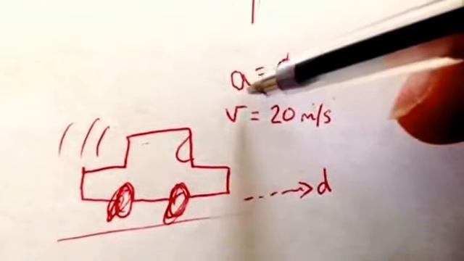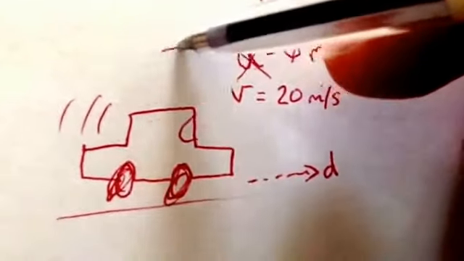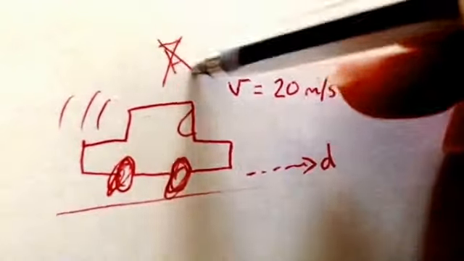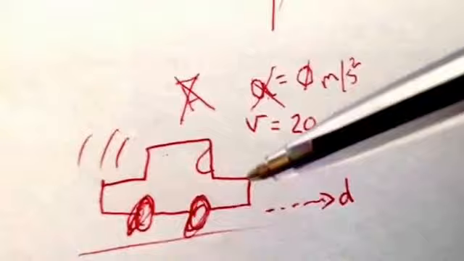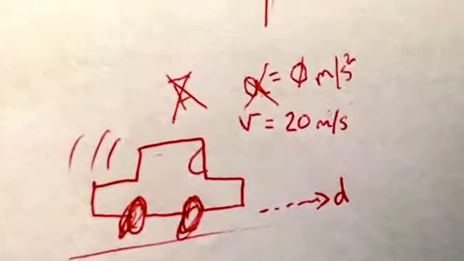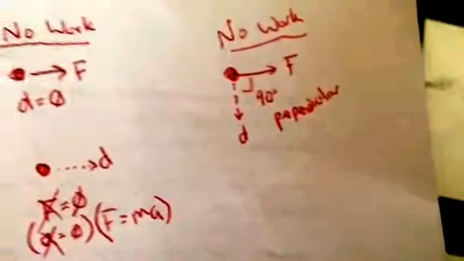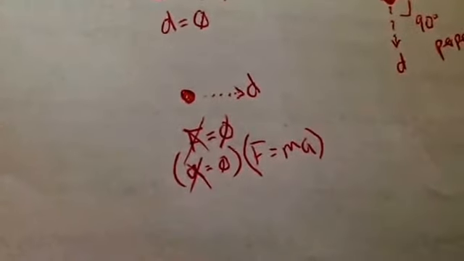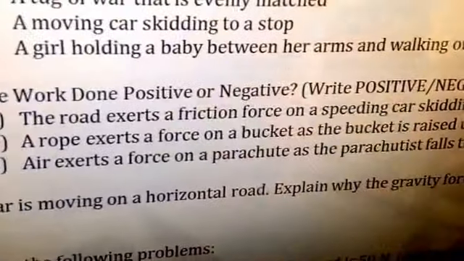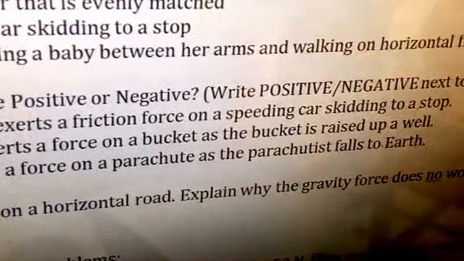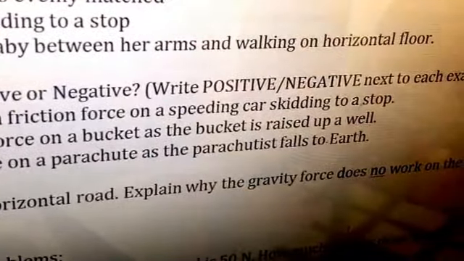And if there's no acceleration, there's no force. So this car has no work done, because this is an example of this, where there's a distance but no force, no work.